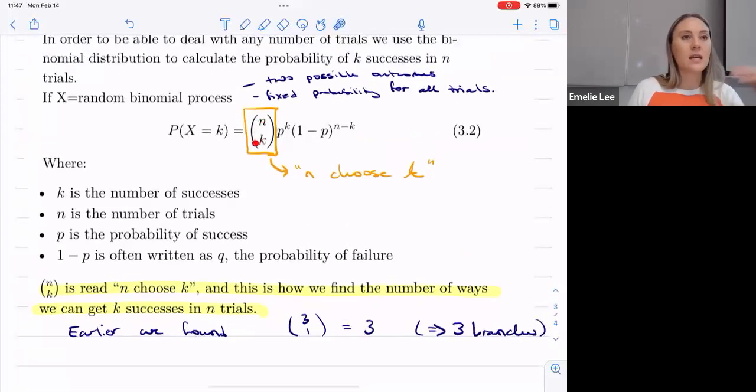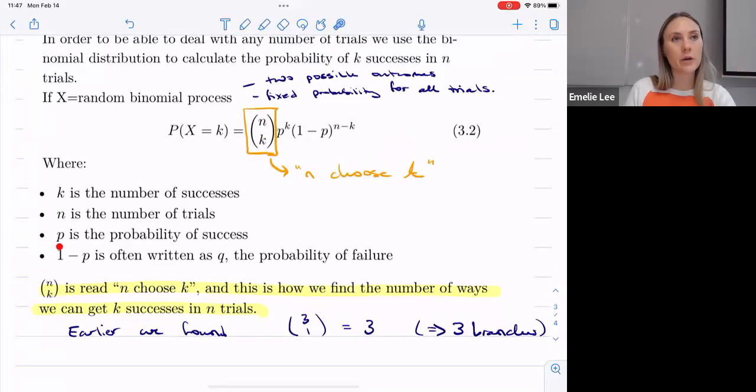So this is going to take into account how many different ways this setup can happen, right? And choose k. If we multiply that by p to the power of k, well, p must be the probability of success.